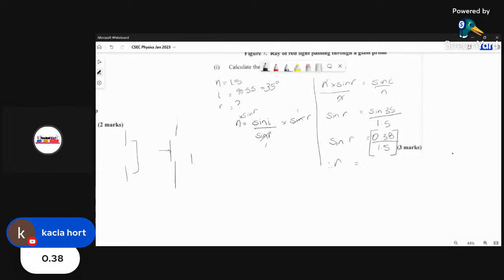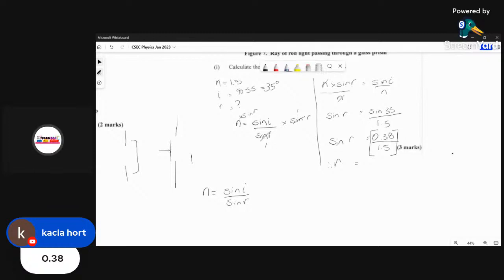Because remember, the original formula is n is equal to the sine of I divided by the sine of R. So at no point did we put sine for the refractive index. And remember, the 1.5 is the refractive index.